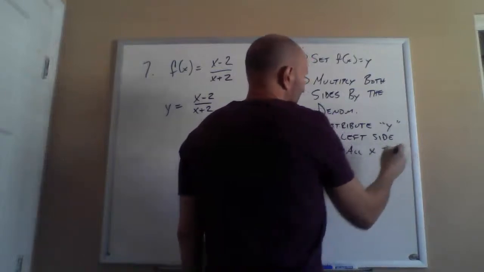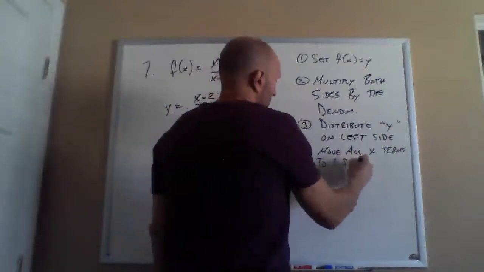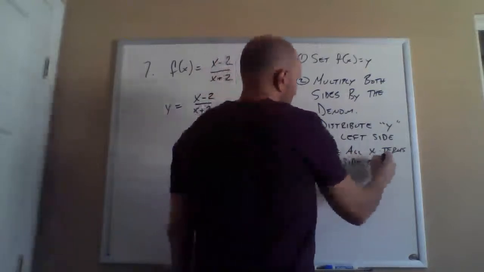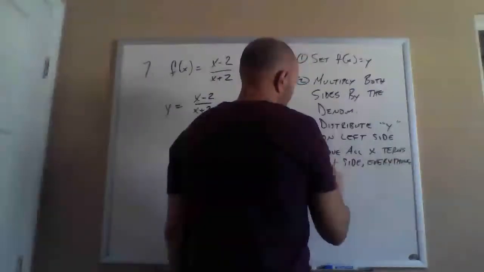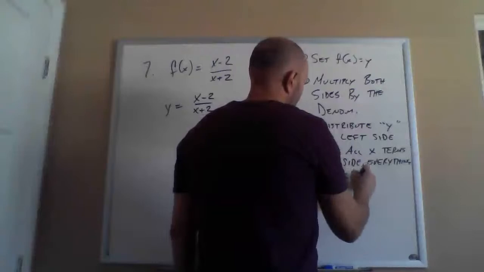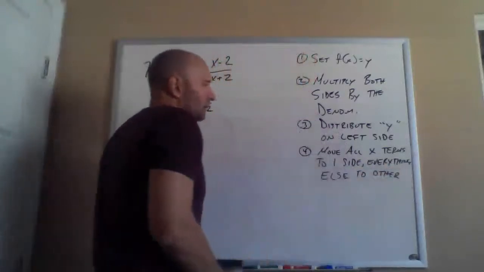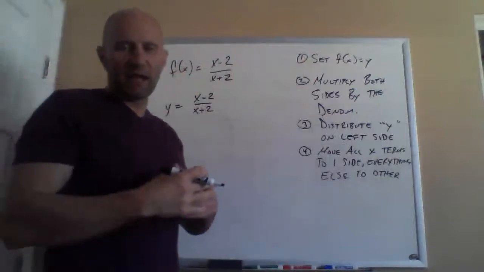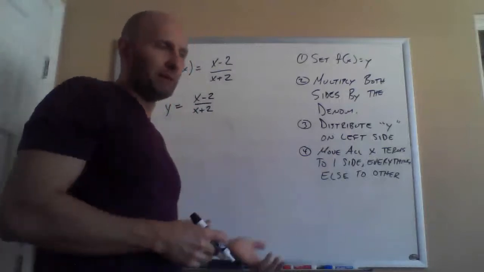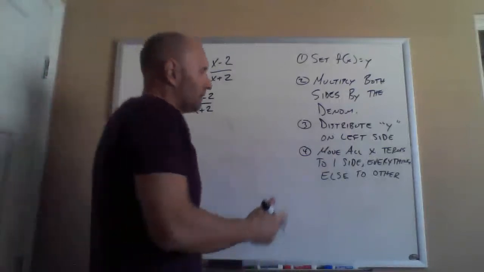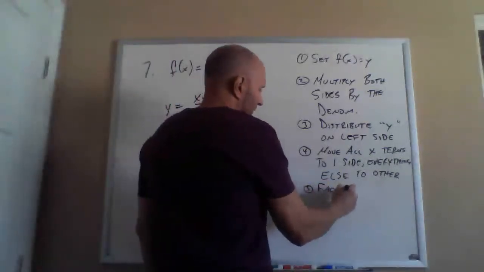So any term that has an x in it, move it to one side, and everything else to the other. So on one of the sides, we're going to have a bunch of pieces that have an x with other values to it. Maybe another variable, maybe a number, etc. So what we're going to do then is factor out an x.